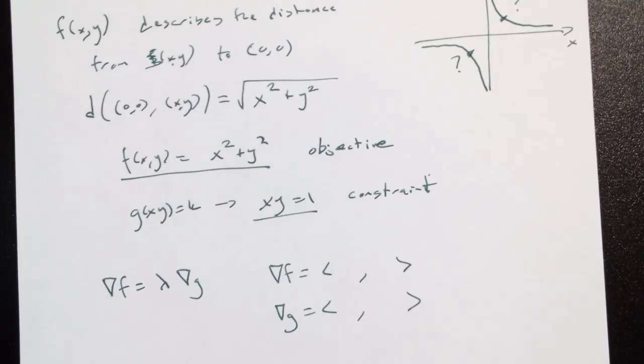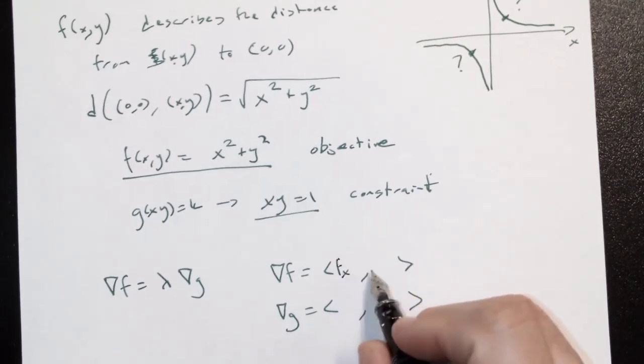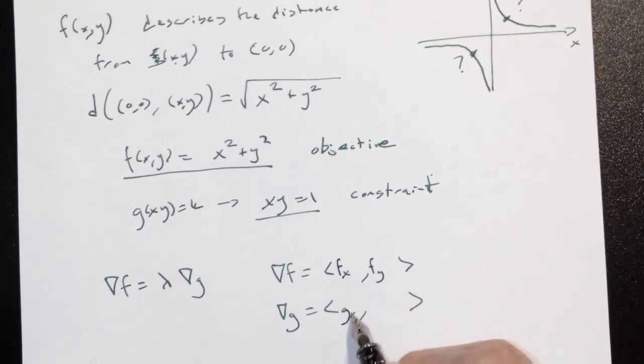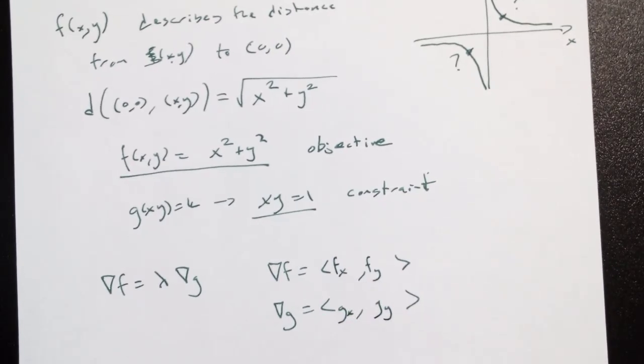The gradient of f is the partial of f with respect to x, followed by the partial of f with respect to y. Similarly, the gradient of g is the partials of g, first with x, then with y.